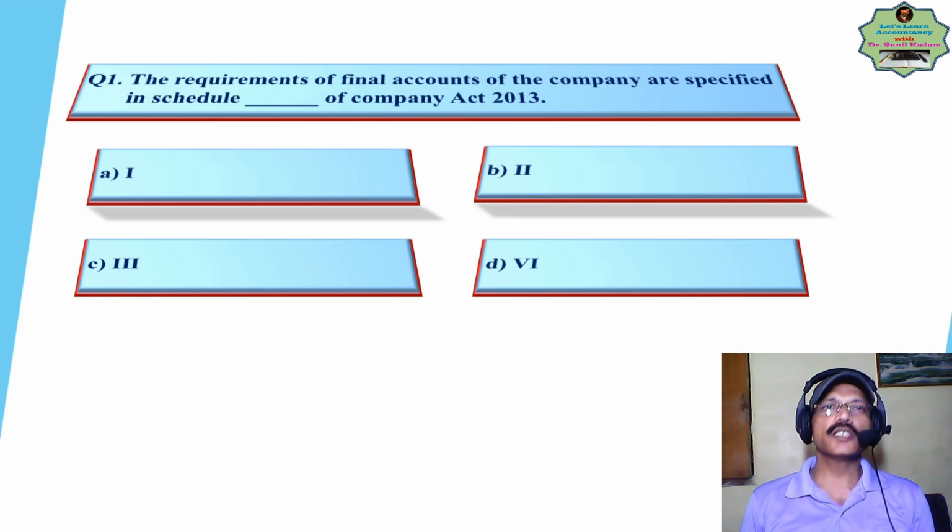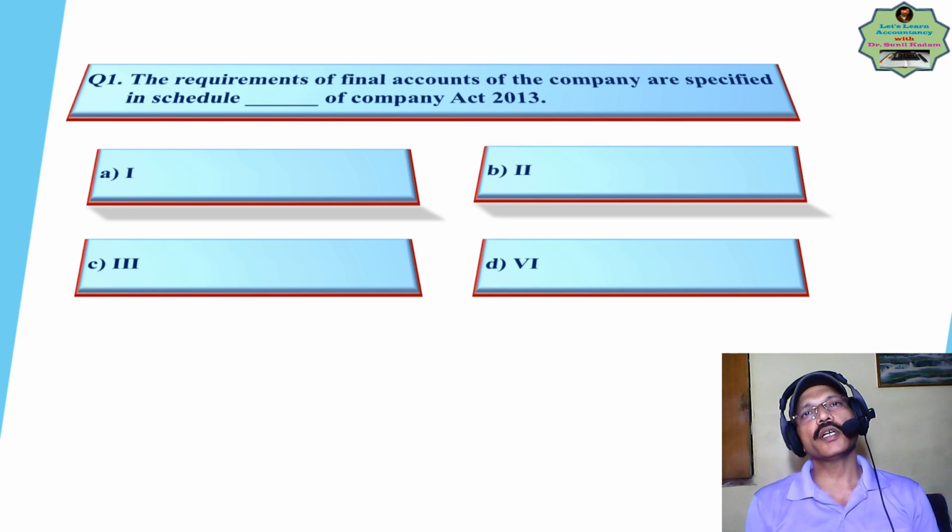As far as this objective is concerned, we need to understand that the Companies Act 2013 has given a total of 7 schedules along with the Act.